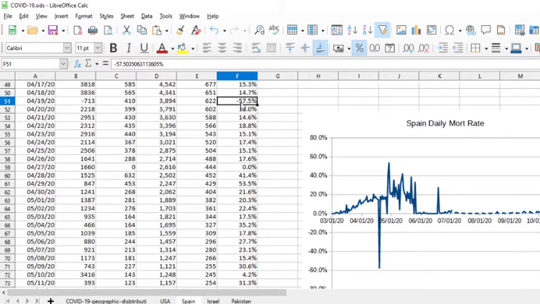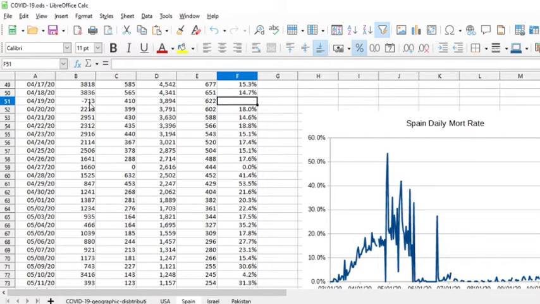There it is. And here you can see the problem right there, right? Got a negative number. So now, if you take a look at this here, you still got this huge mortality rate. I just don't think that number is correct.